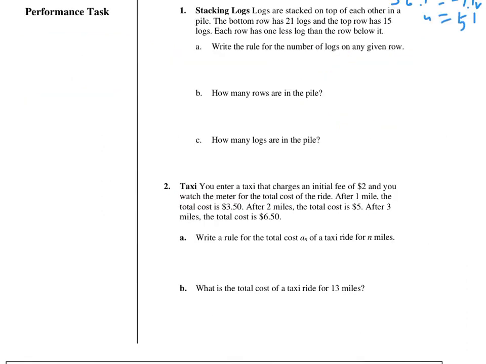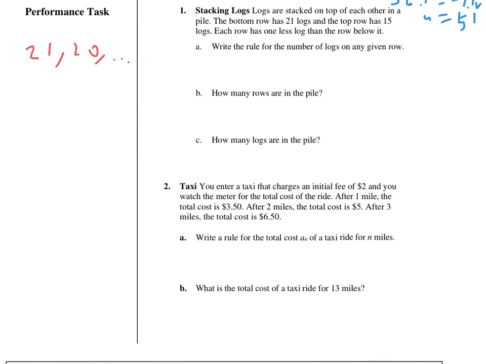All right, next question here. We can apply sequences and series to stacking logs. So logs are stacked on top of each other. The bottom row has 21, the top row has 15. Each row has one less log than the row below. So it looks like this sequence would go something like 21, 20, and so on. Depending on how you interpreted which is the first row, I would say the bottom row is the first row.